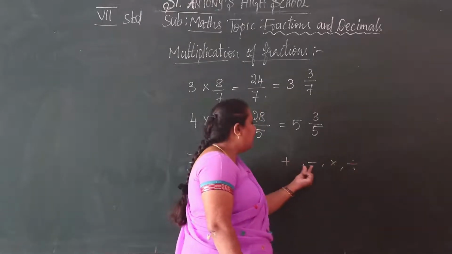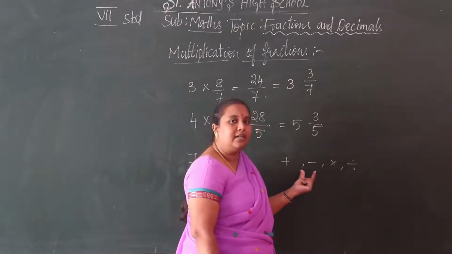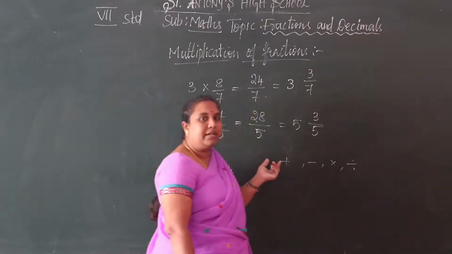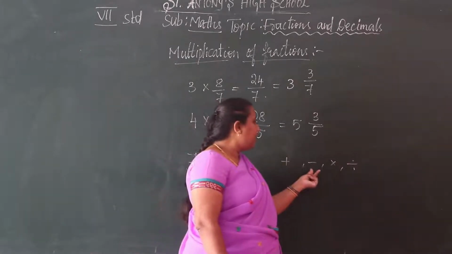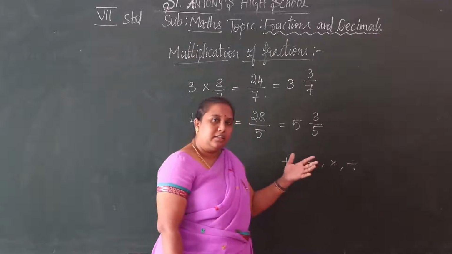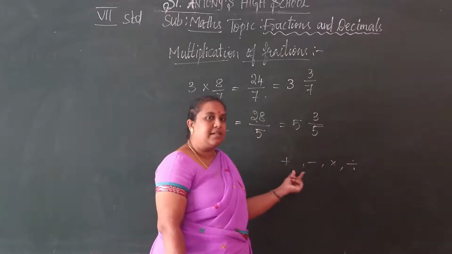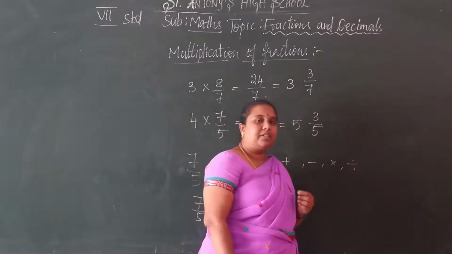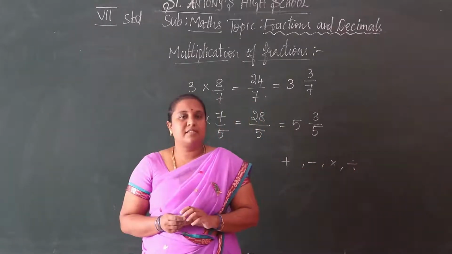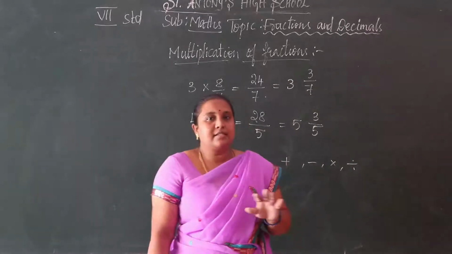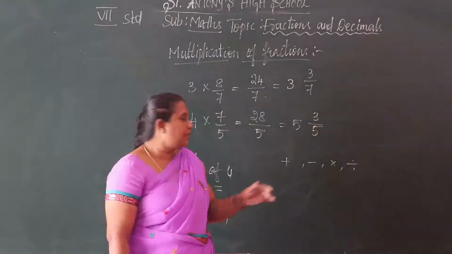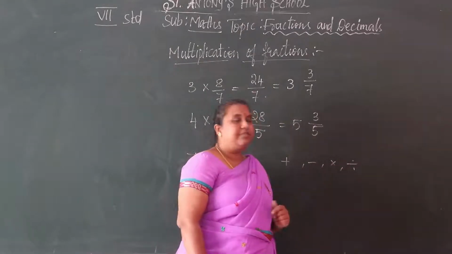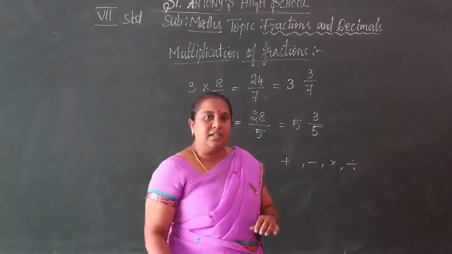Here plus and minus signs divide the terms. I told that also. So remember it: plus and minus signs divide the terms, and multiplication and division signs don't divide the terms.